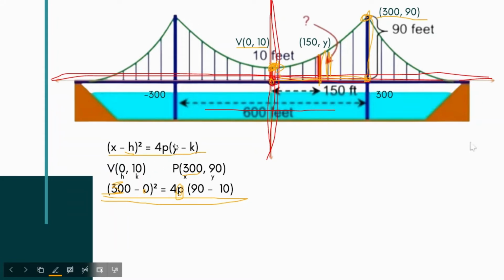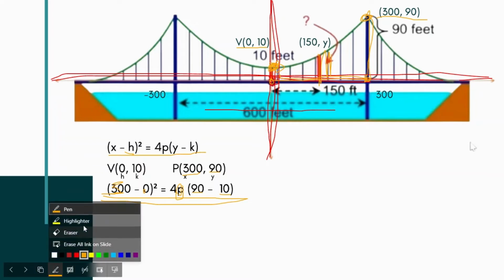This is 90 because in the formula we have y minus k. Our y is 90 and our k is 10, so it became 90 minus 10.